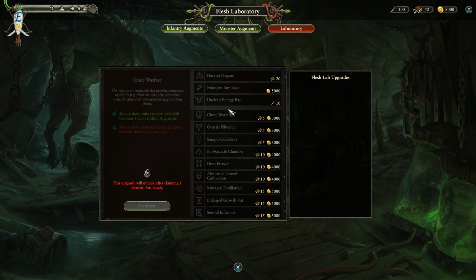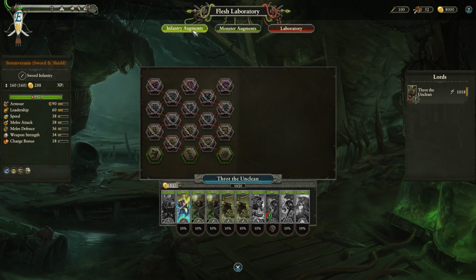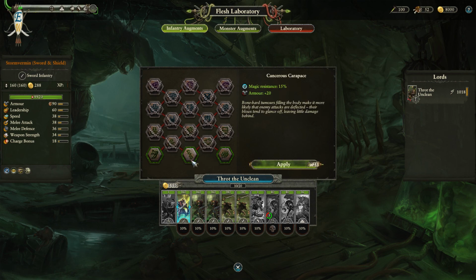So it's absolutely crazy what you can do with this. It's just unreal. So for instance, these storm vermin there, you can give these an upgrade. So you can give them frenzy, you can give them magic resistance or armor, vanguard deployment and stalk.